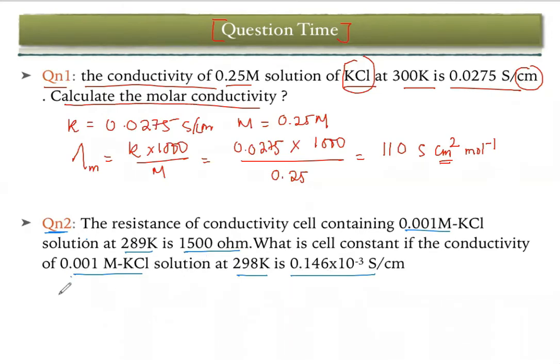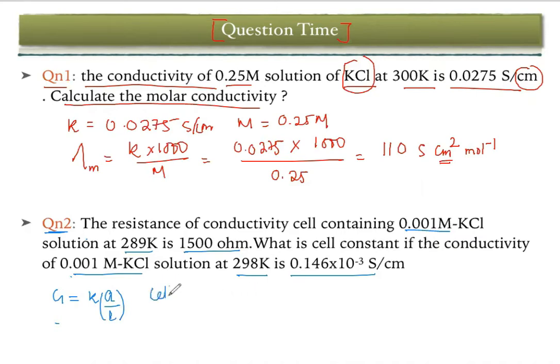So now we know that conductance is given by G equals kappa into A by L. Now we have to change this equation, since the cell constant is asked.